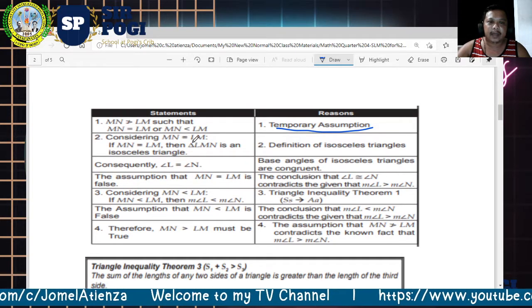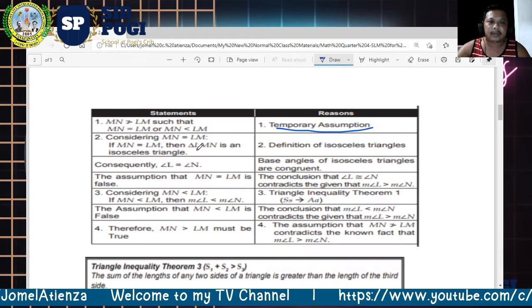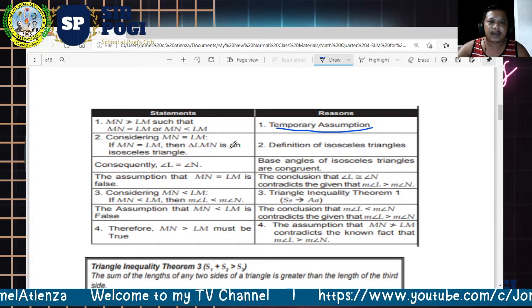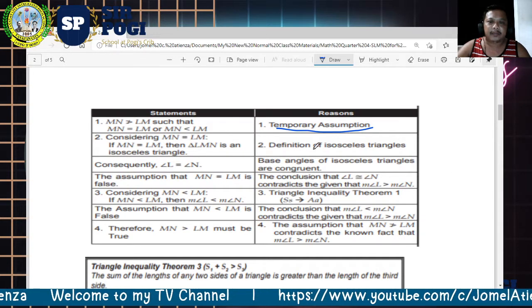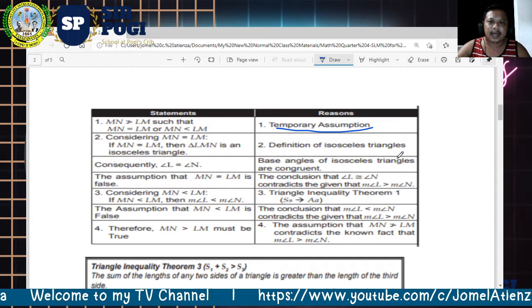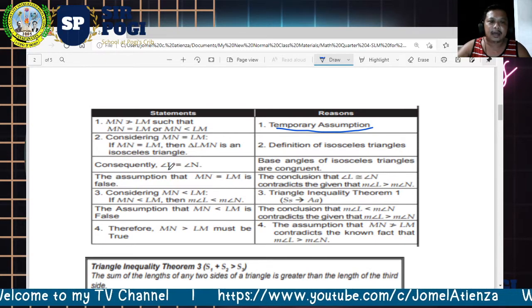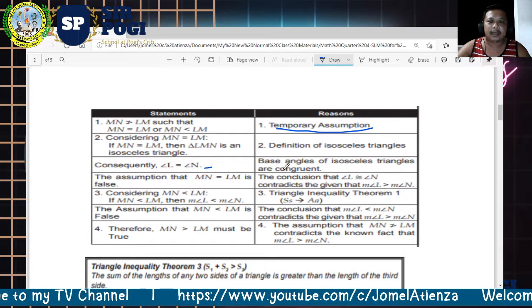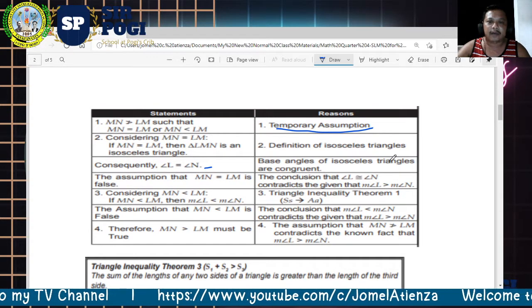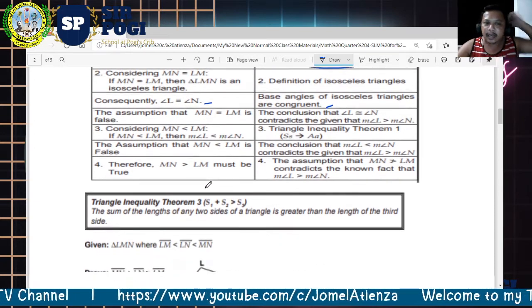Considering MN equal to LM, triangle LMN is an isosceles triangle, by the definition of isosceles triangle. Consequently, angle L is equal to angle N, because base angles of an isosceles triangle are congruent.